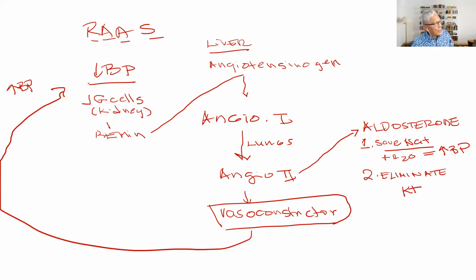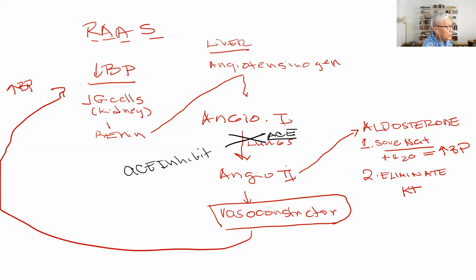Okay. There are a lot of things that I am going to talk about here as a result of our discussion of RAS, because one of the things that we do in order to treat heart failure is actually to block this renin-angiotensin-aldosterone system. So, for example, if you block the conversion of angiotensin 1 to angiotensin 2 by blocking the enzyme that converts 1 to 2, that's ACE, that is ACE inhibitors.